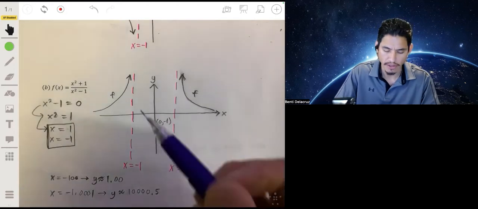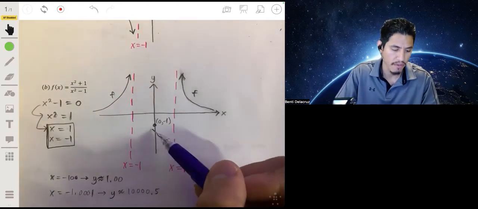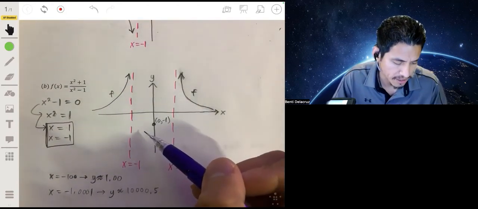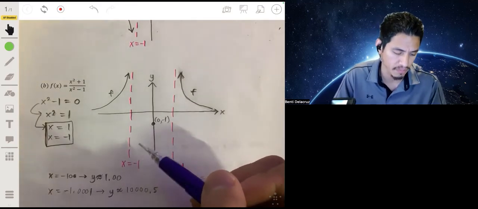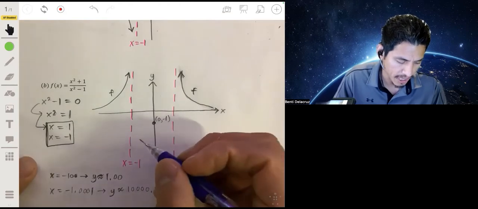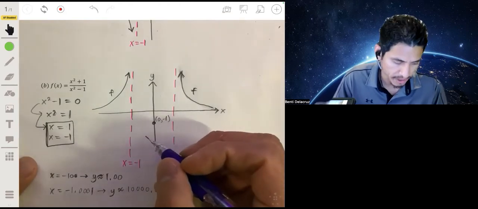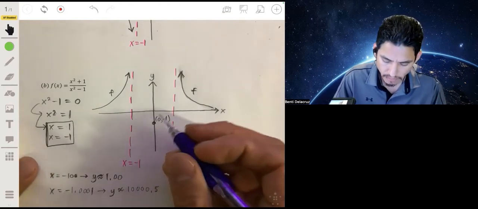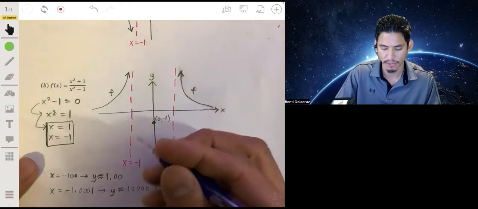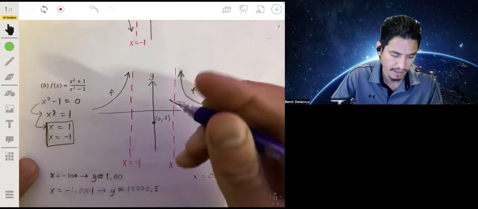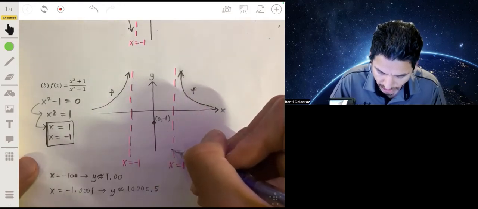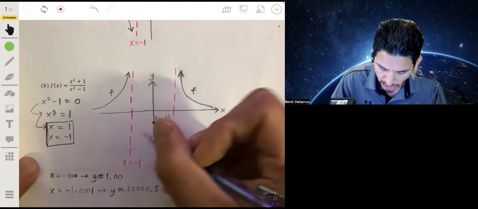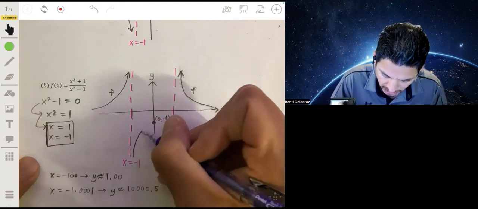If you plug in a value between -1 and 0, like -0.999999, you would get a number going towards negative infinity, like -10,000 or something. And the same thing over here: if you plugged in 0.999999, you would get values that are negative. So the graph actually does something like this.